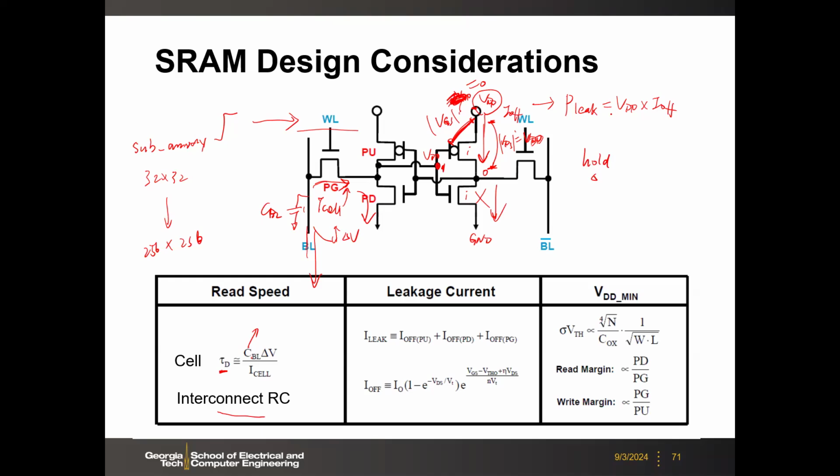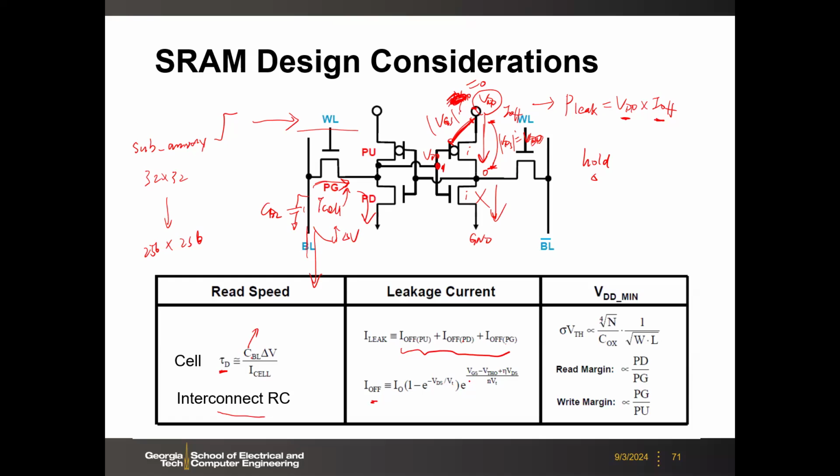The leakage power will be VDD multiplied by the off current of those individual transistors. So the total off current will be those 3. Even though you have 6 transistors, only 3 are leaking, okay? And here is the off current equation. I will skip that. To the first order, it is the subthreshold slope stuff.